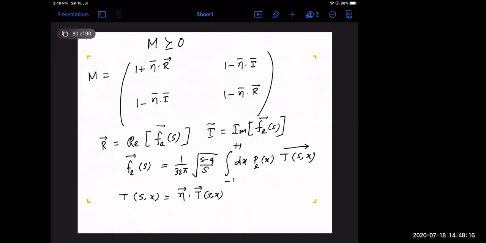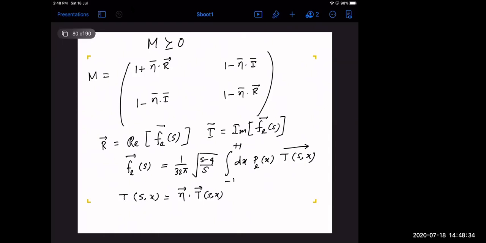So this vector TSX had only the X and ST dependent factor. From this M, we are going to write down the M in this fashion.